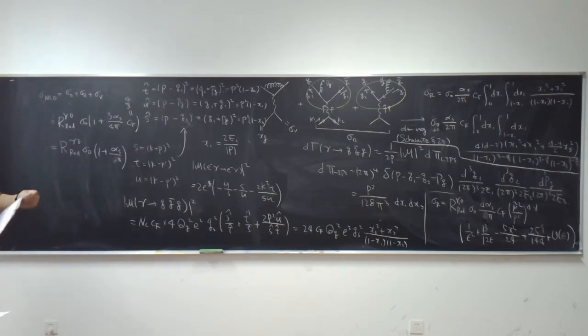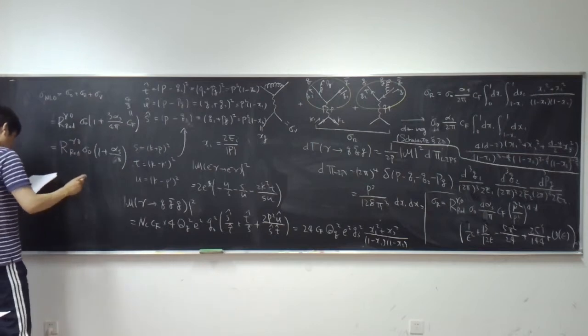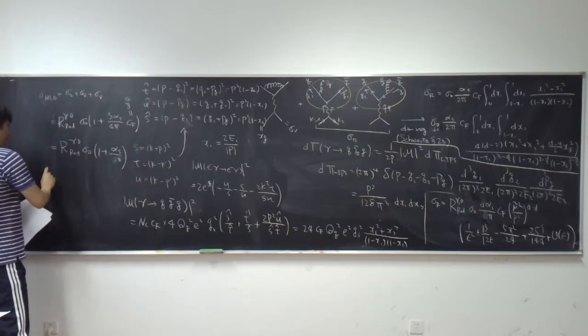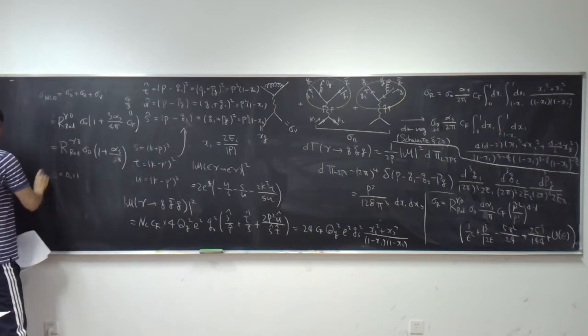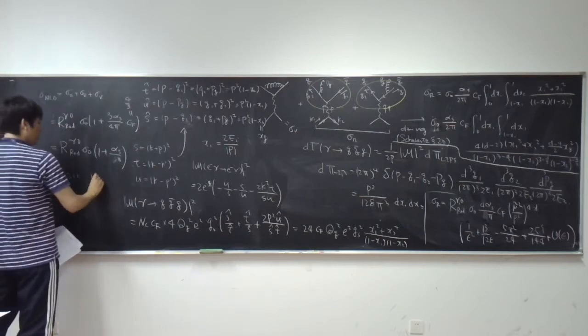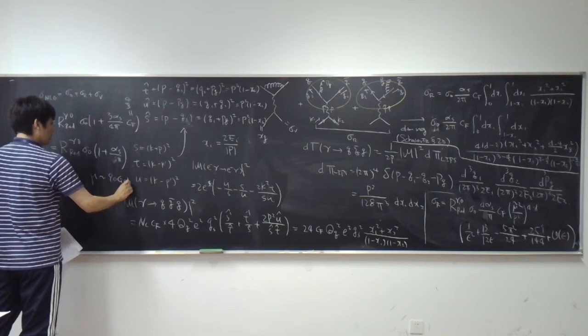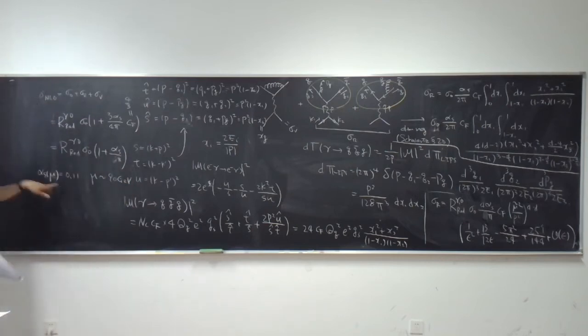Okay, so that's the next leading order. And as I mentioned, when you compare, alpha s is around 0.11. Alpha s also depends on the energy scale, and mu is around 90 GeV. If you compute the strong coupling constant for the gluon around the mass of the Z boson, you get 0.11.